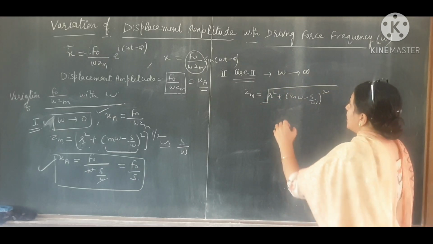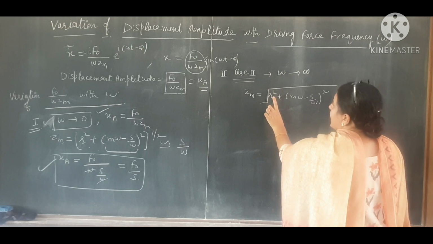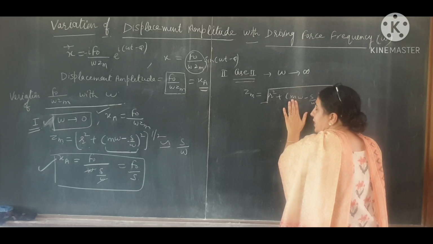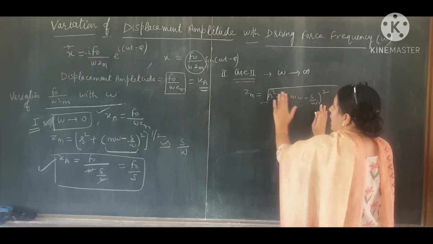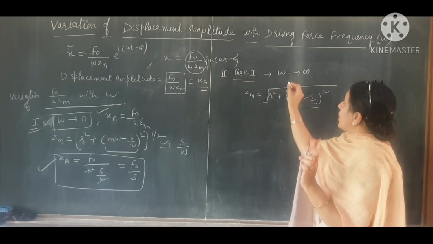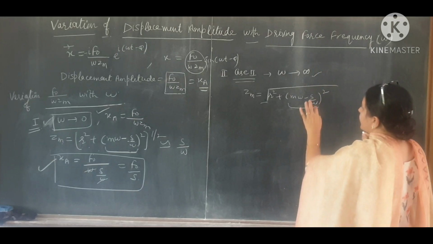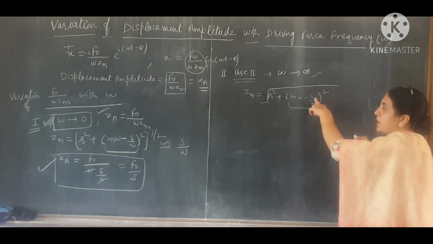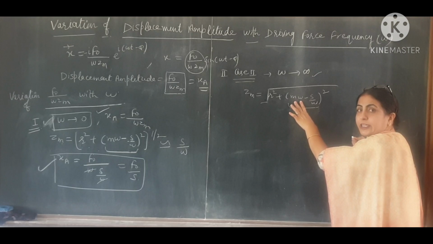Clear? Now put omega approaches infinity. Again I am repeating that r is not very large in comparison to this quantity, so we can neglect r in comparison to this. So r goes, and we have only this. Now omega approaches infinity. Then s over infinity becomes 0, and m into infinity becomes infinite.